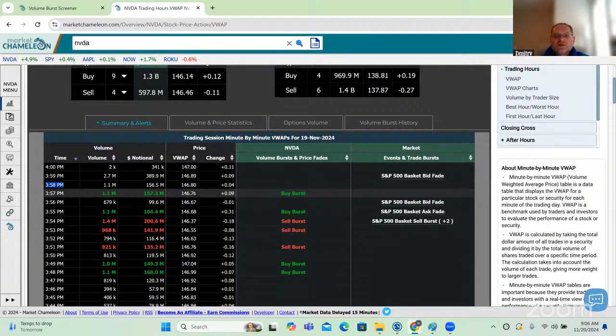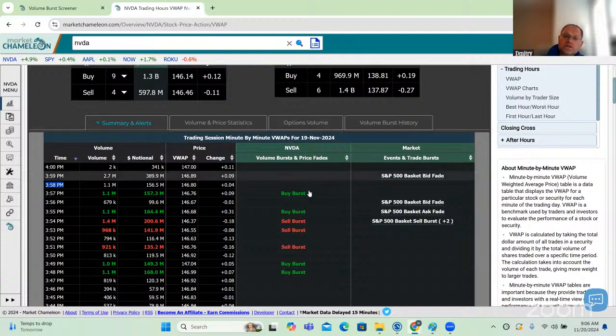Now that we have these stats, we look into our database and ask, for this particular minute, was there anything we could tag that was unusual or something to analyze? And this is where we list the volume and price bursts.